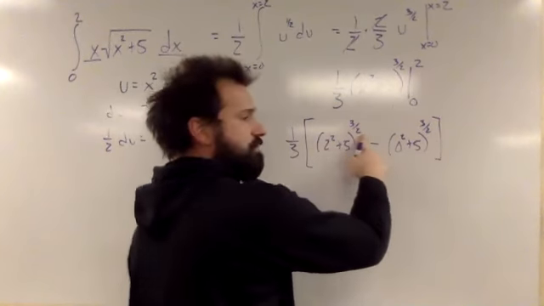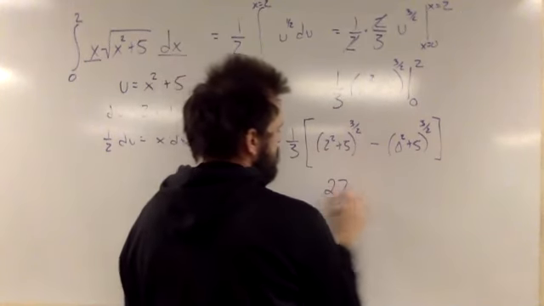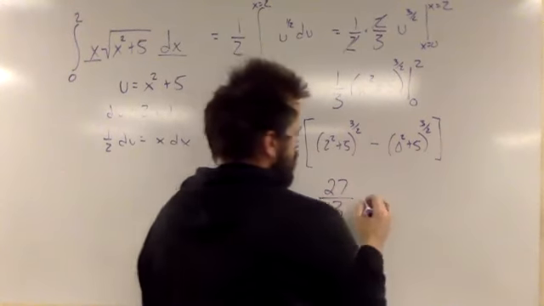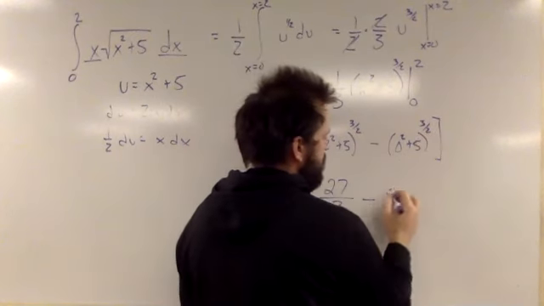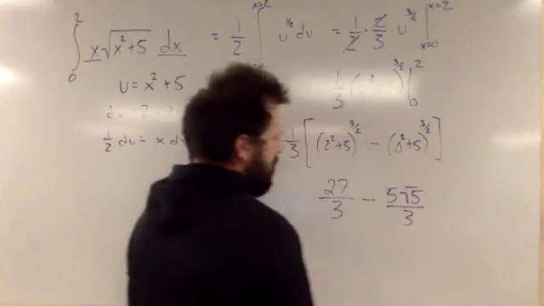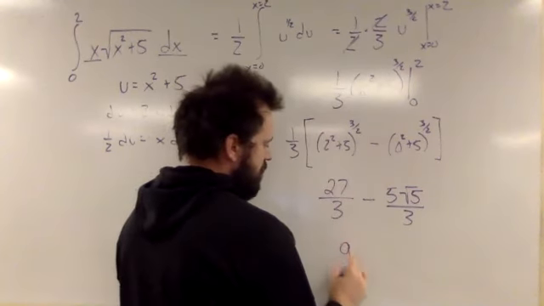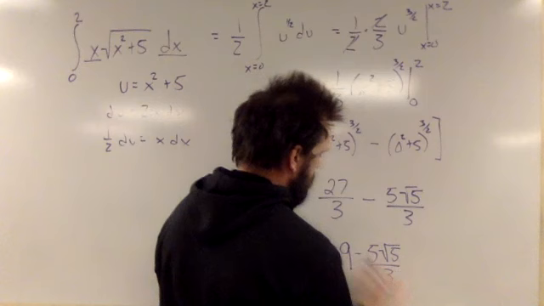The square root of 9 is 3, and then 3 cubed is 27. So that gives me 27/3 minus 5 to the 3/2, which is 5 square root 5/3. This is just 9 minus 5 square root 5/3.